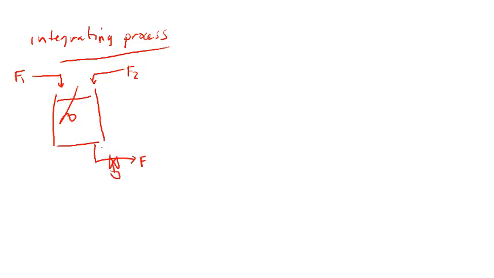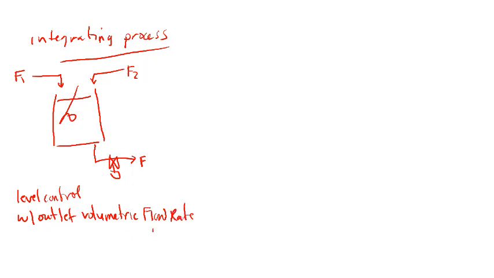We'll call this F. For this process, we want to achieve level control. Level is going to be our primary control variable, and we want to achieve level control with the outlet volumetric flow rate, and we'll call that FV.